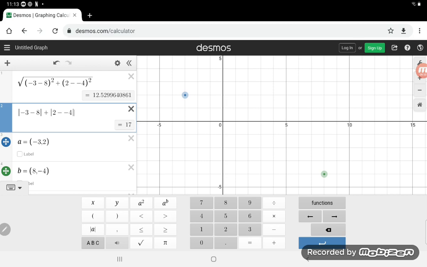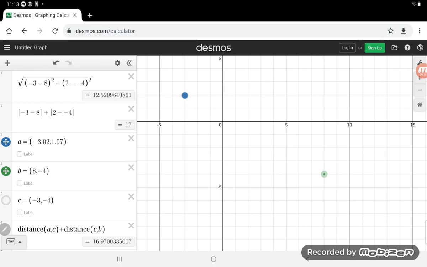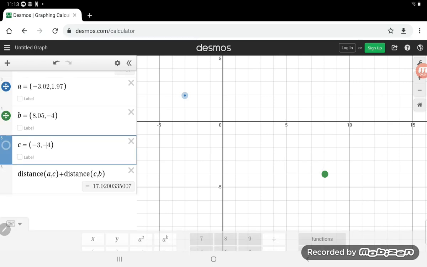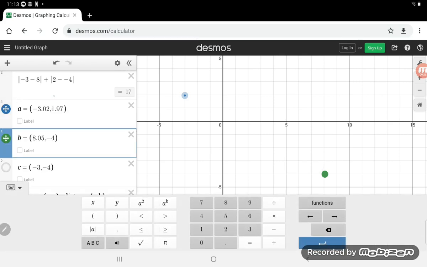And now notice that if I take those points, the A was -3, 2, that one up there. The B was 8, -4, that one there. Whoops, I moved it. I'll go back here and fix it. There we go.